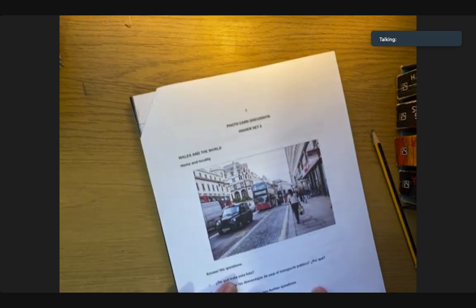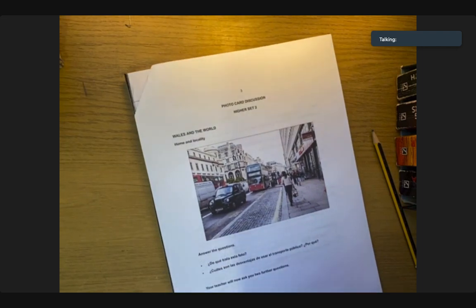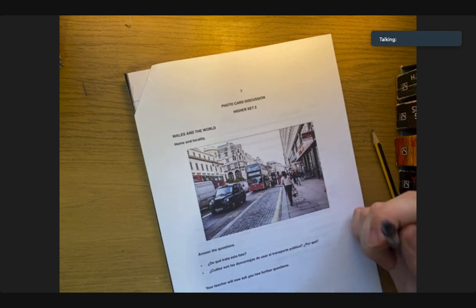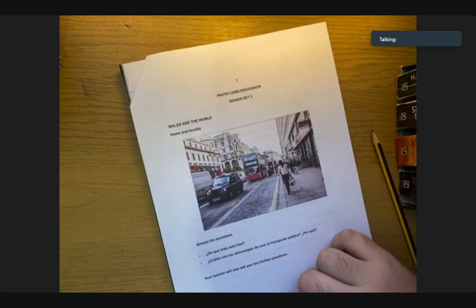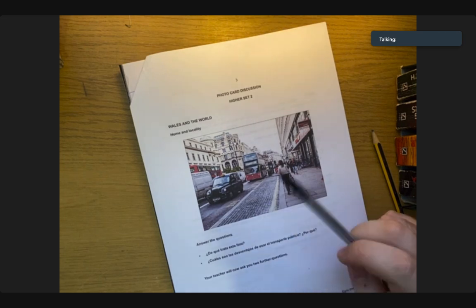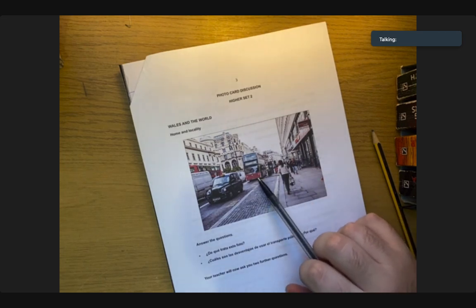Okay. Let's see. We've got, a mi modo de ver, en la foto hay muchas cosas. So what I've said there is from my point of view. In the photo, there are many things. Por ejemplo, diría que puedo ver el transporte público, dado que hay un autobús.